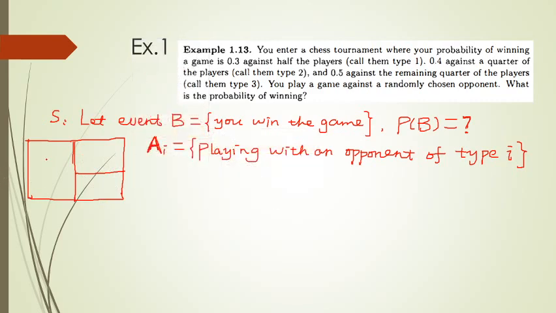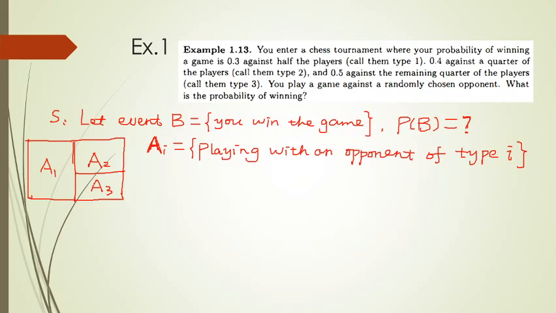So this 50% means you are playing with an opponent of type 1, this is type 2, and this is type 3. You can only have an opponent from one of the types; you cannot have one opponent who comes from both type 1 and type 2.